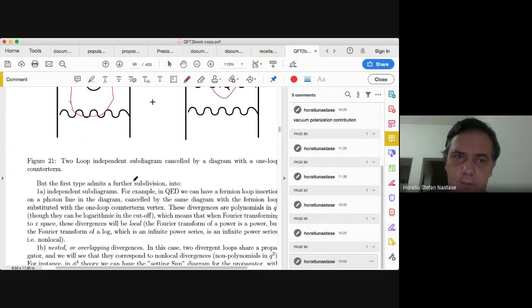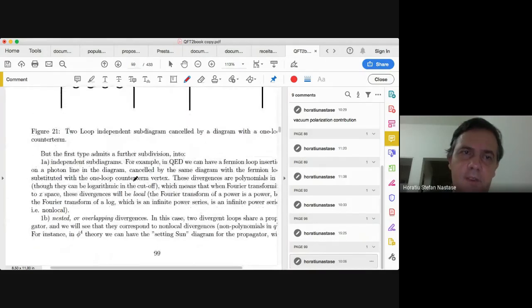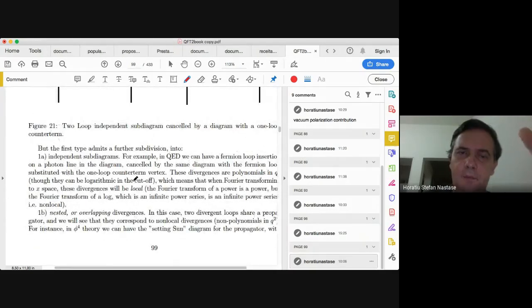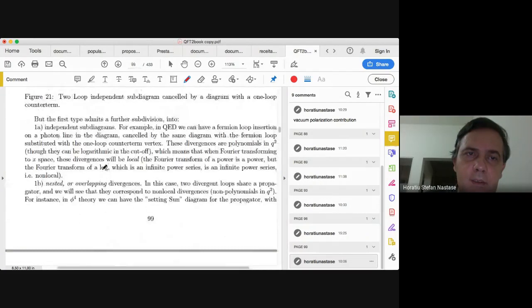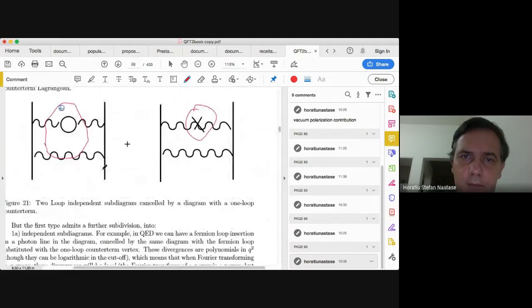So let's look here. First of all, let me tell you that in fact there's a further subdivision of these intrinsic two-loop divergences. There are those that are independent diagrams.